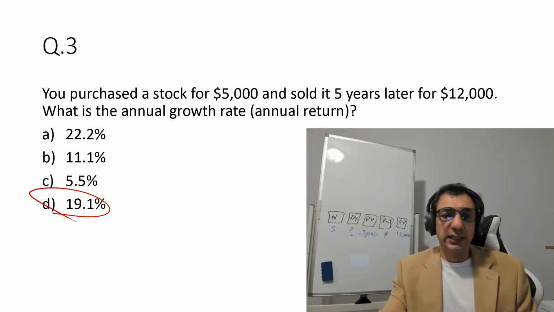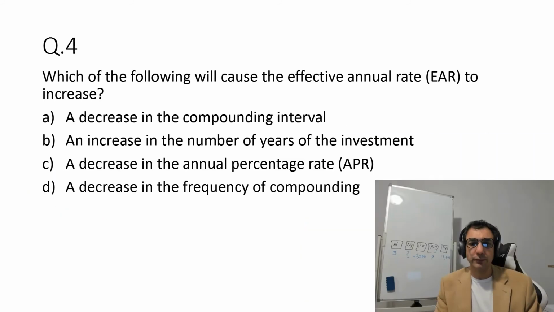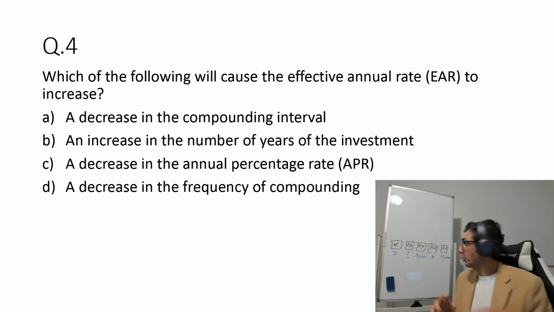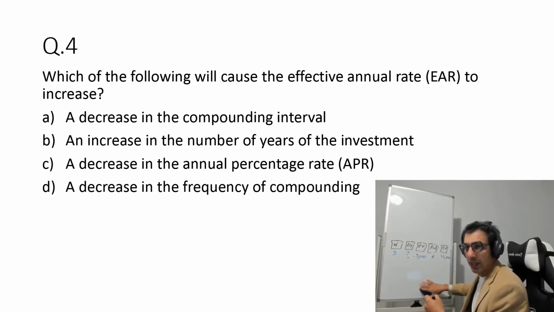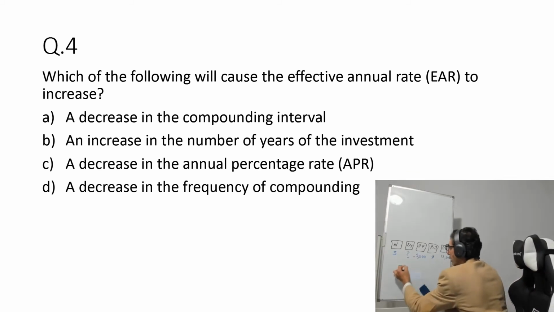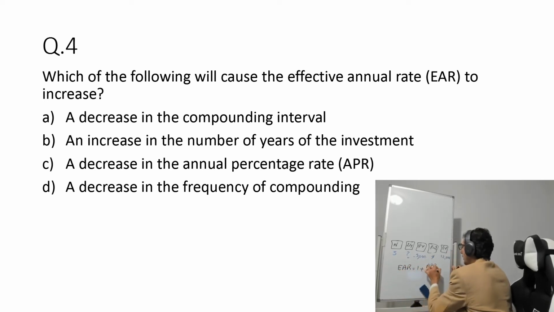So the next question, let's look at the last question, question 4. Which of the following will cause the effective annual rate to increase? So we talk about effective annual rate and how it's related to APR. As a reminder, EAR was 1 plus APR divided by M, to the power of M, minus 1.